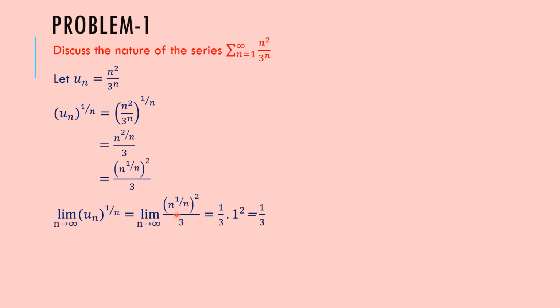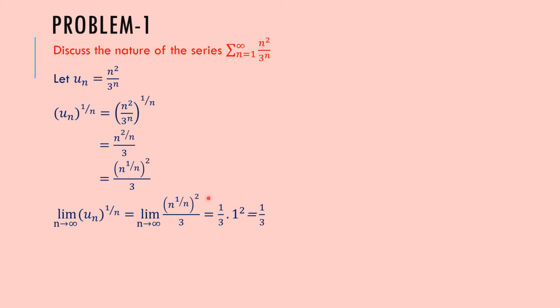Already we simplified this part. Here 1 by 3 is constant, and we know that limit n tends to infinity n power 1 by n is equal to 1. We have seen this result in this video. So let me replace this limit of n power 1 by n as 1. So here (n power 1 by n) whole square, I have written 1 square.